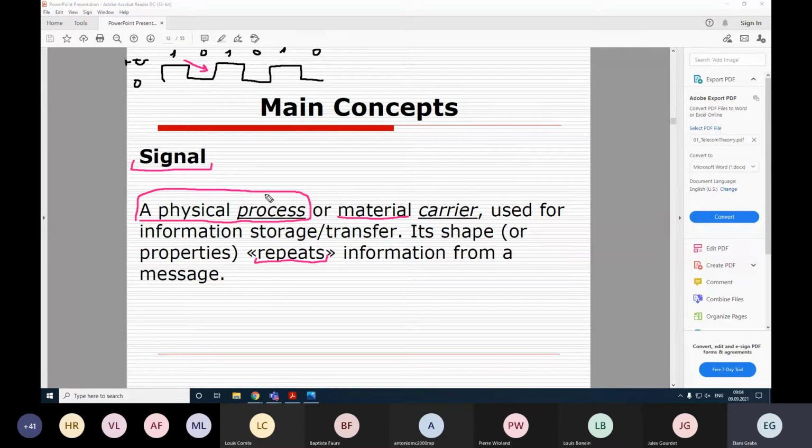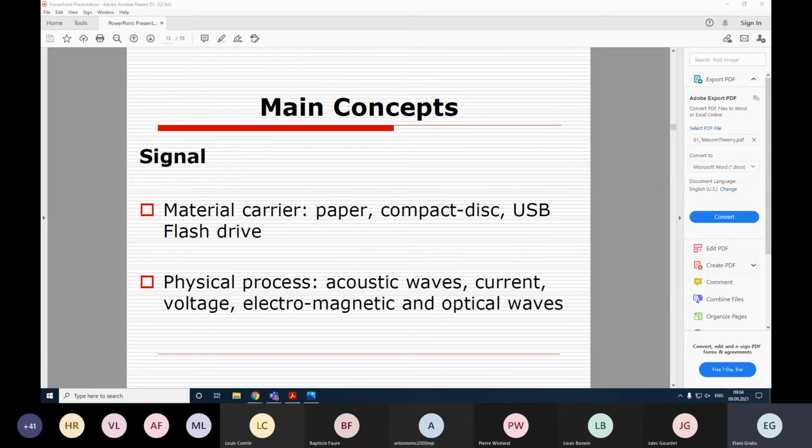About physical processes, such as waves, current, voltage, optical waves, and all these can be made to send some information. For example, we can vary the light brightness, to make it brighter or not so bright according to some law, and this will send some information as an optical wave.